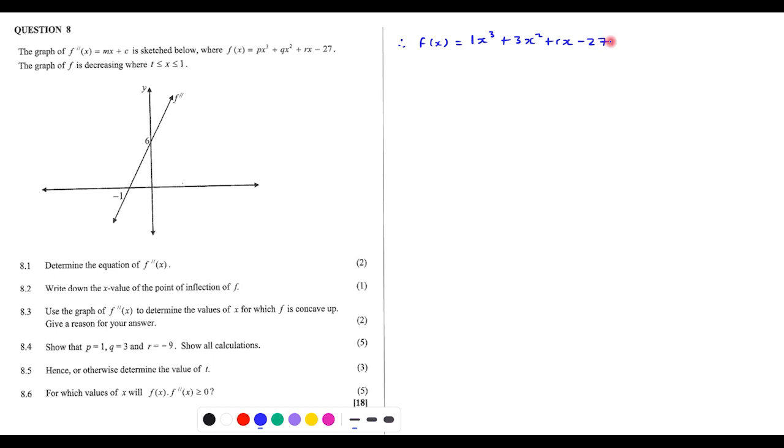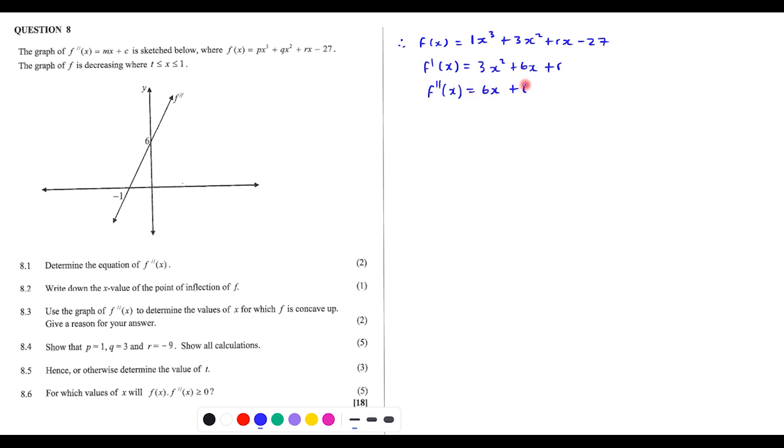Because we have updated it to this, our first derivative is 3x squared plus 6x plus r, right? And of course our second derivative is going to be the one that we have now. So let me just write it here. Our second derivative now is the one that we already have there.